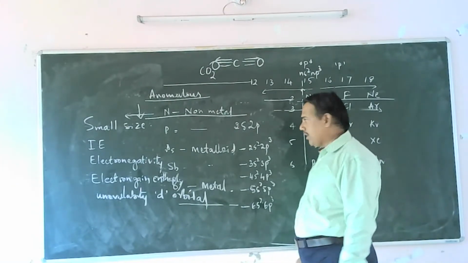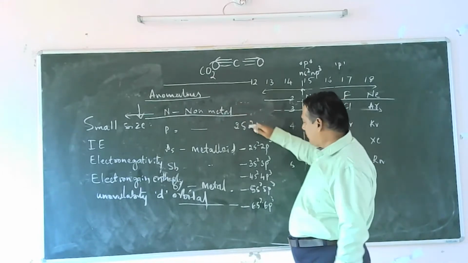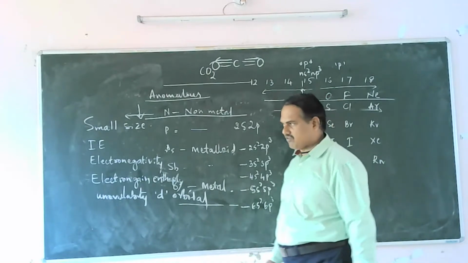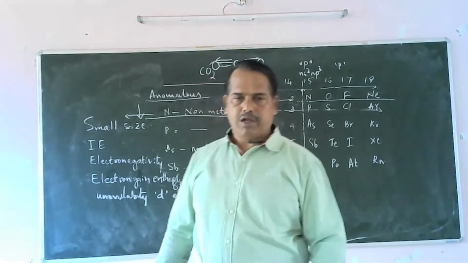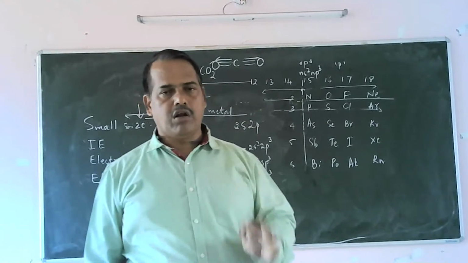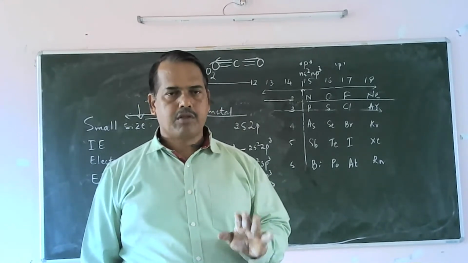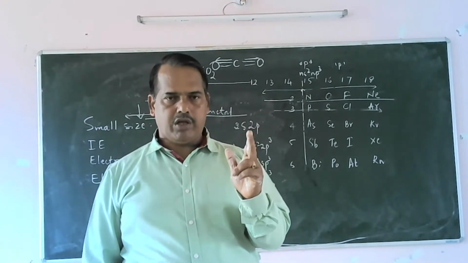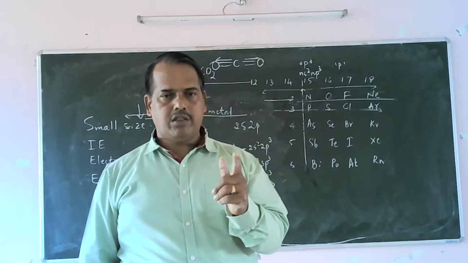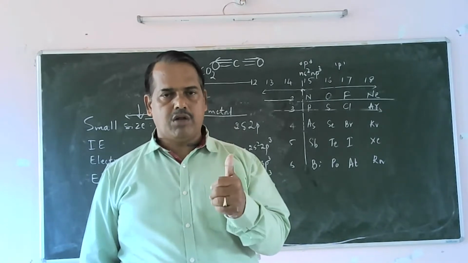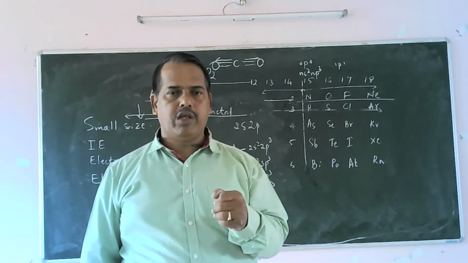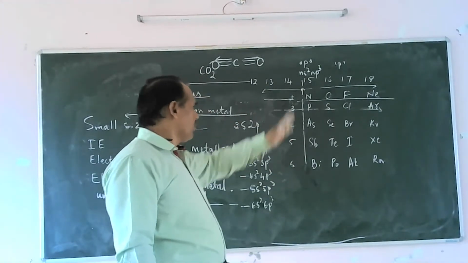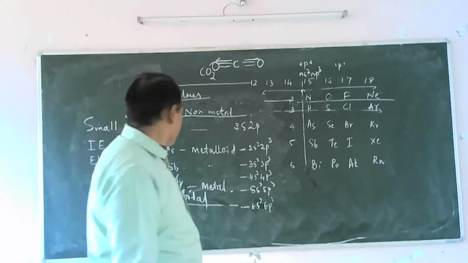For the entire group 15 you have to study the general characteristics: electronic configuration, atomic and ionic radius, electron gain enthalpy, ionization enthalpy, and electronegativity. These are the basic characteristics.